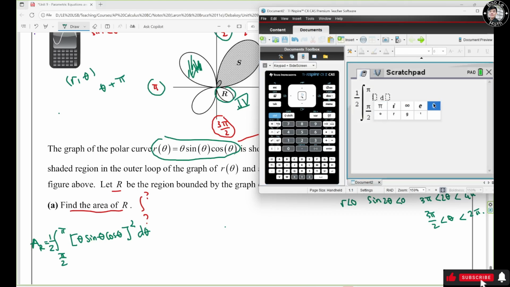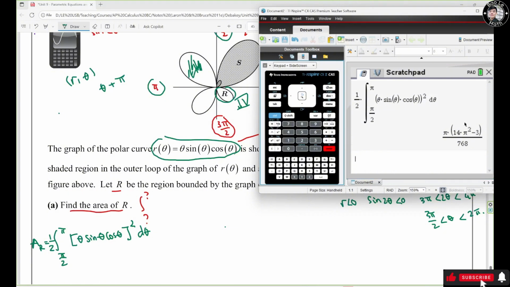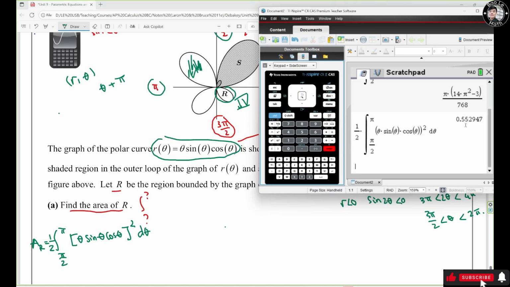Theta times sine theta times cosine theta squared d theta, and you press enter. It's going to give you the exact value right here. Now if you want to convert this one to decimal, you just press Ctrl enter, and it's going to be 0.552947, right?